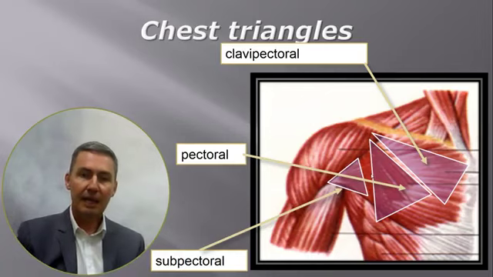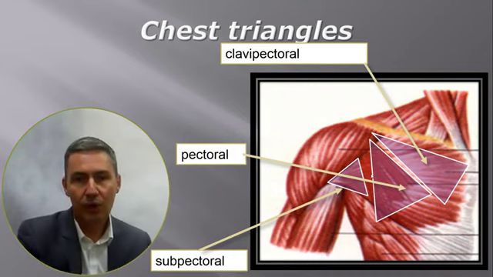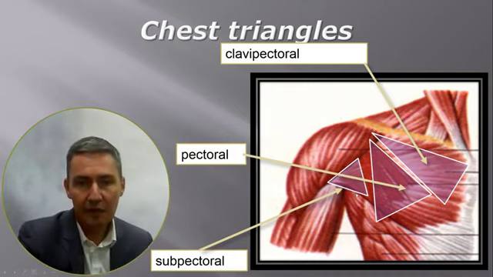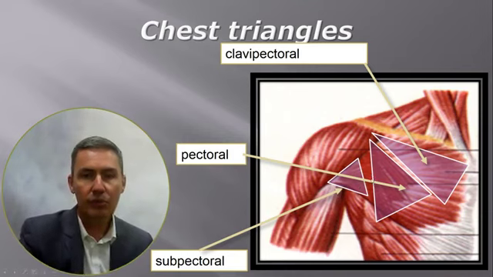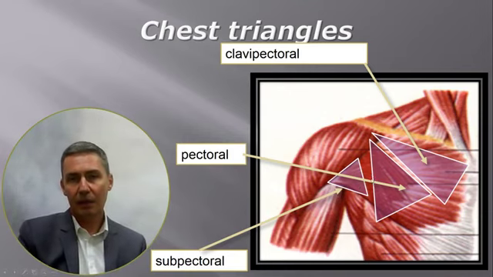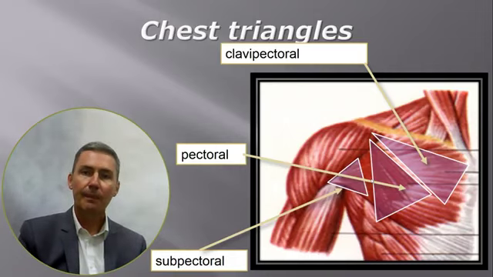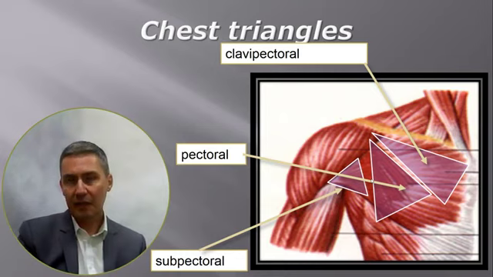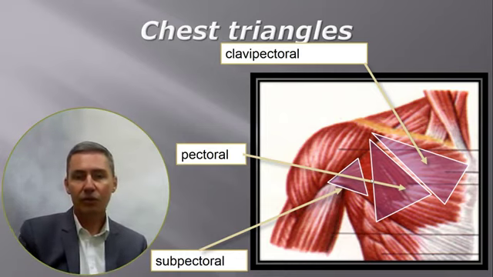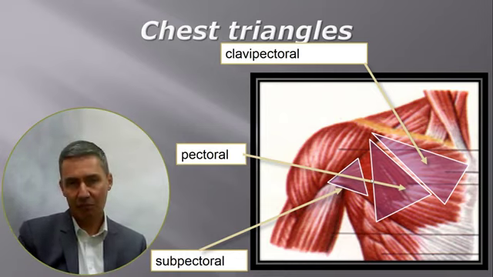And the last triangle is the subpectoral triangle, which also has superior and inferior borders. The superior border is formed by the lower margin of the pectoralis minor muscle, and the inferior border is the inferior edge of the pectoralis major muscle.